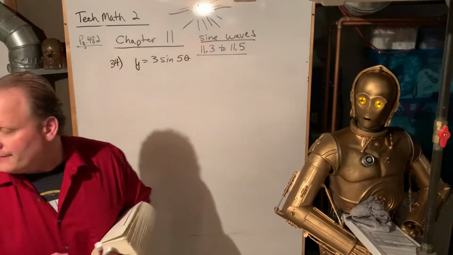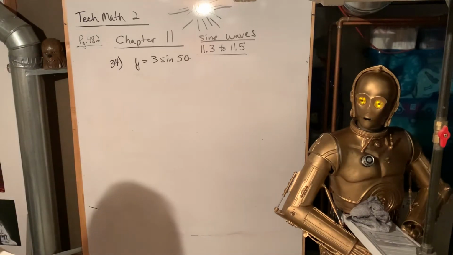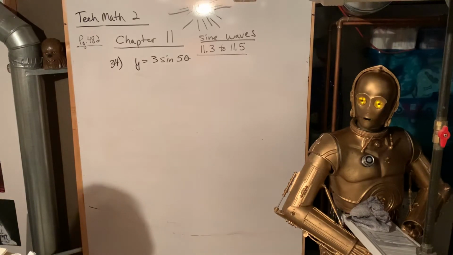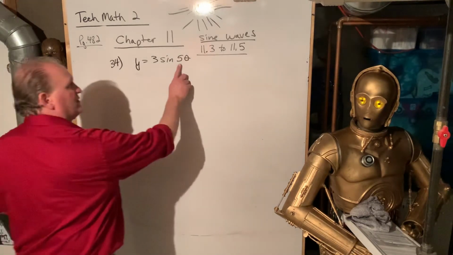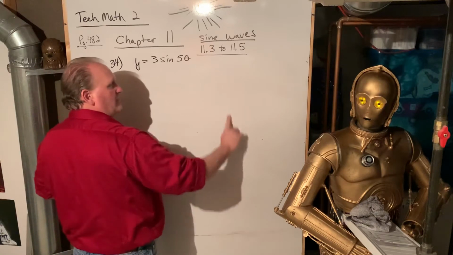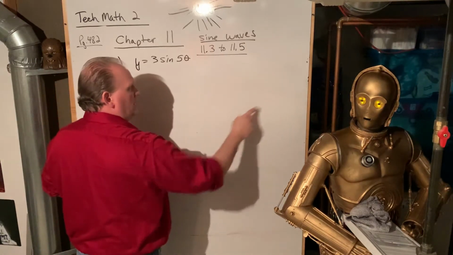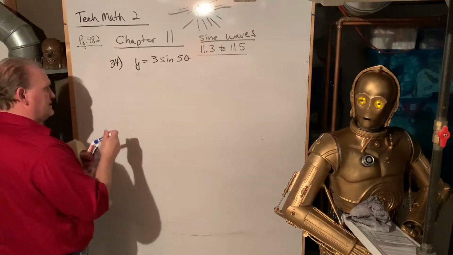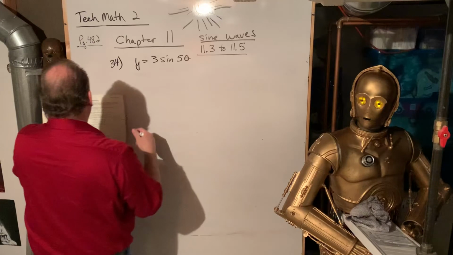And so we could figure out the period of the cycle by taking 360 and dividing it by 5. That would be 72 degrees. So every 72 degrees, we would start a brand new sine wave. And so there would basically be 5 for the price of 1. You get 5 sine waves, where normally there's only one in the 360 degree space. And this 3 would be the amplitude. That would bump up the amplitude.